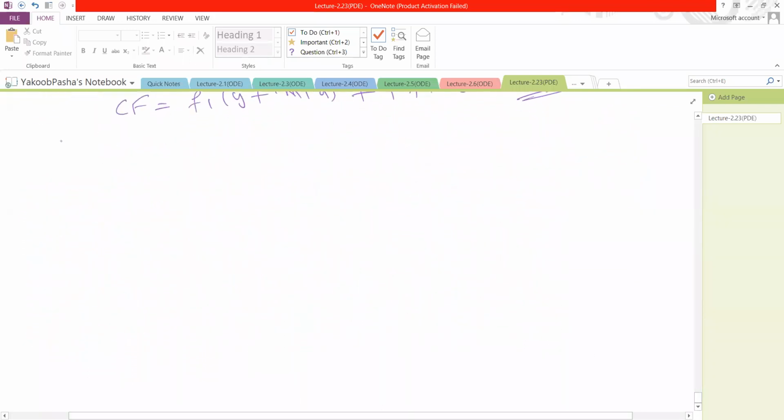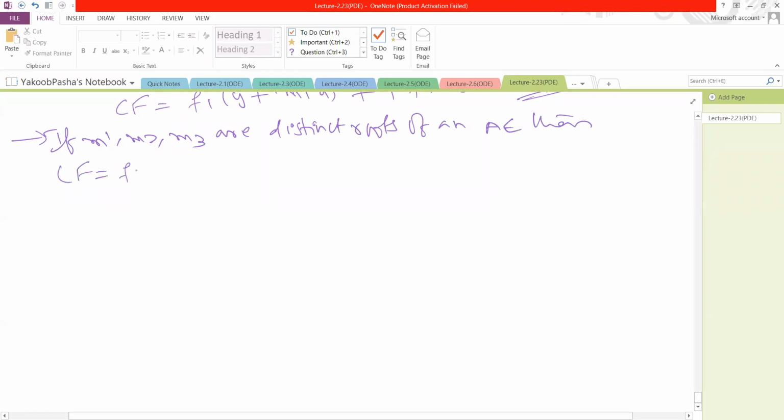If three roots are distinct, if m1, m2, m3 are distinct roots, zeros of an auxiliary equation, then the corresponding complementary function is f1 of y plus m1x plus f2 of y plus m2x plus f3 of y plus m3x.